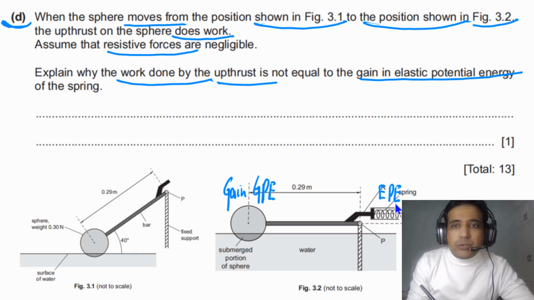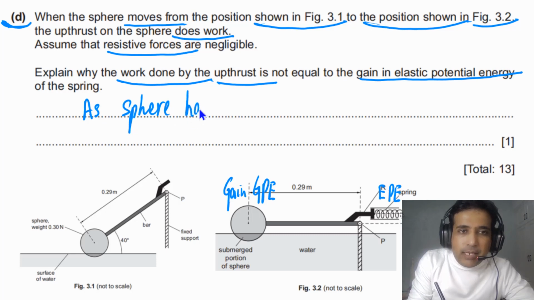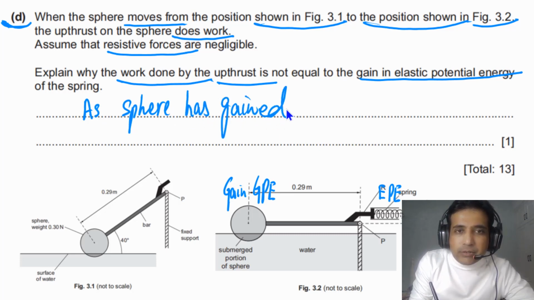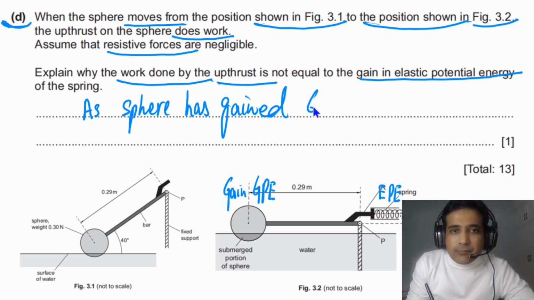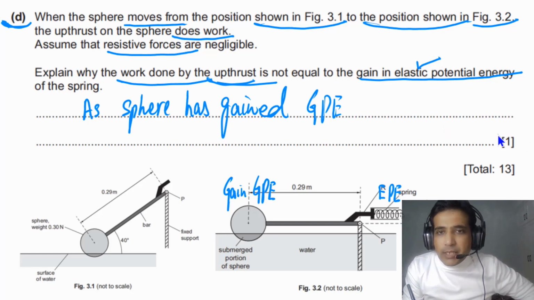So simply you can say, as the sphere has gained GPE, that's the reason the work done by upthrust is not equal to the gain in EPE. That's all you need to write down, and this question has only 1 mark.